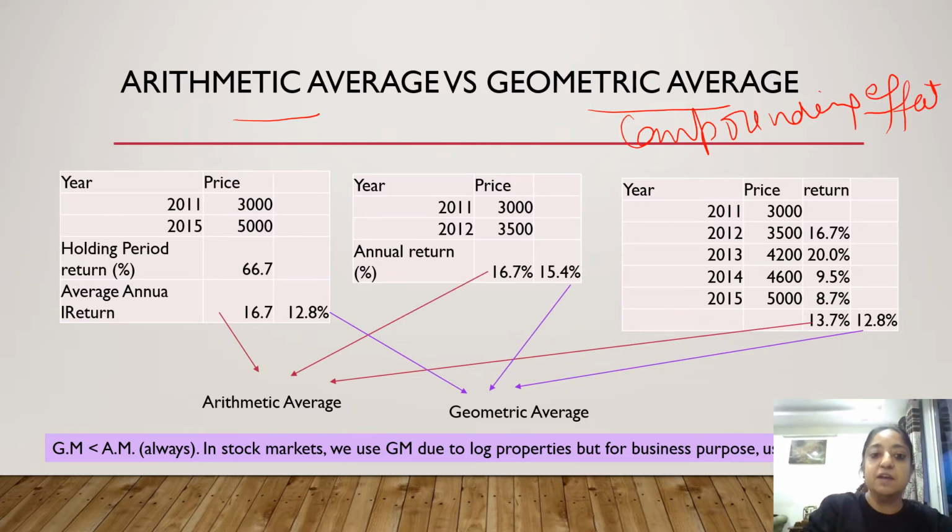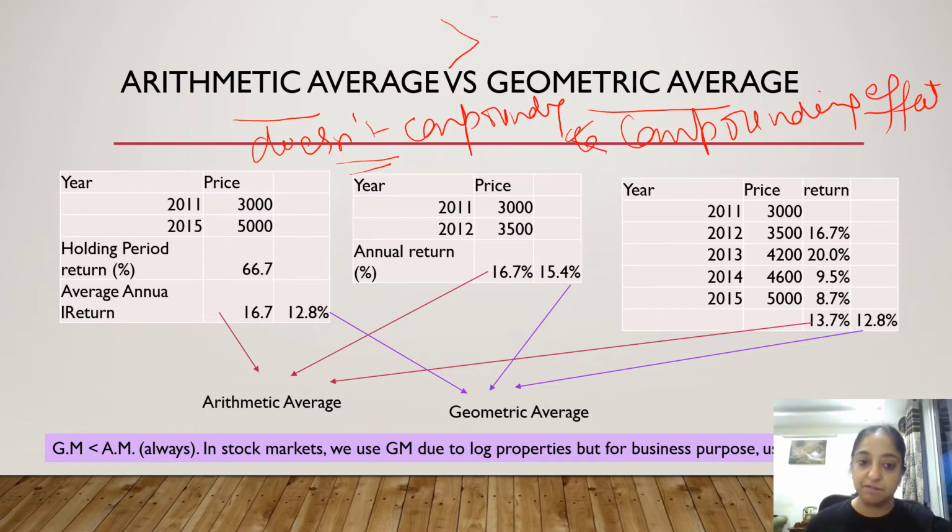And when I take the arithmetic average, it doesn't go for compounding. So obviously my geometric average will always be less than my arithmetic average.